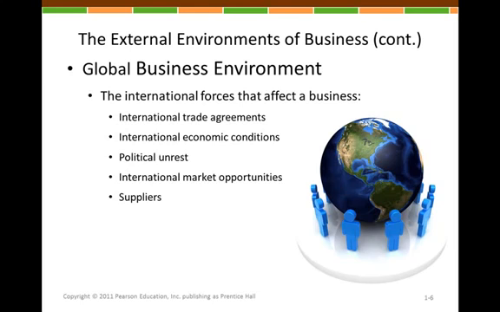Next, suppliers. Suppliers internationally is very interesting because, as we've seen in 2011, the earthquake in Japan and subsequent tsunami ravaged the area of Japan and all the areas along the coast, so to speak. And so a lot of suppliers were located there, and so you had companies like Honda, for example.